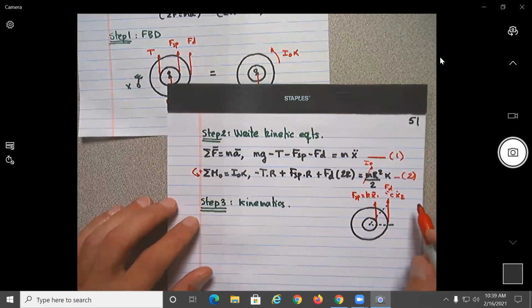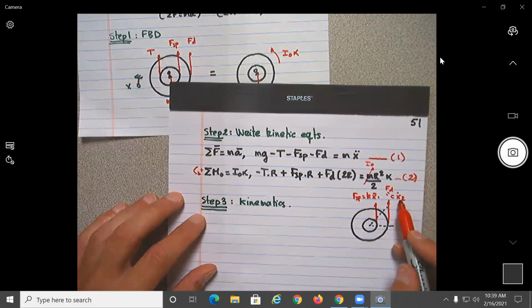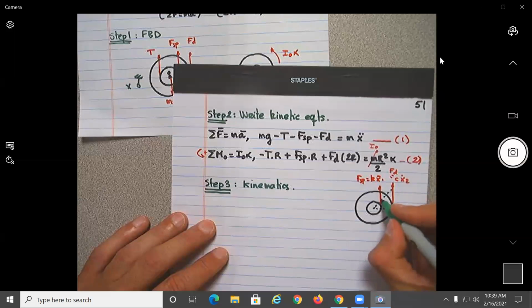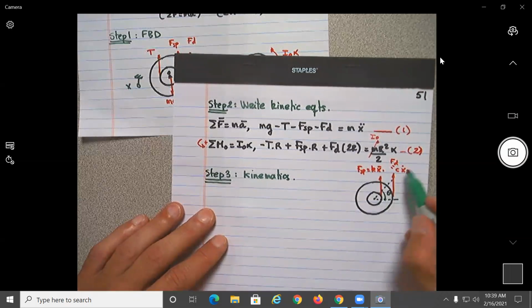Remember, we said that the viscous damping is always proportional to the velocity. Okay. So in this case, the angle of deformation will be the same, no? Okay, so what could you say about x1?